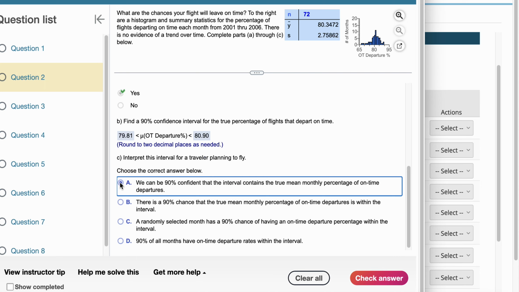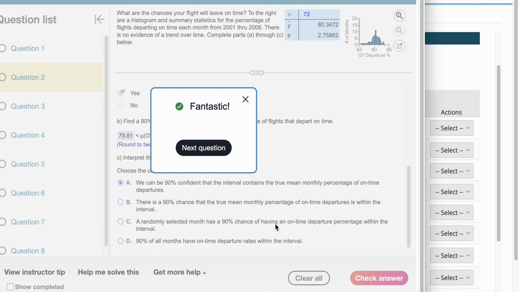Instead of just saying that the mean is, you really should specify exactly what the variable is. Cool.